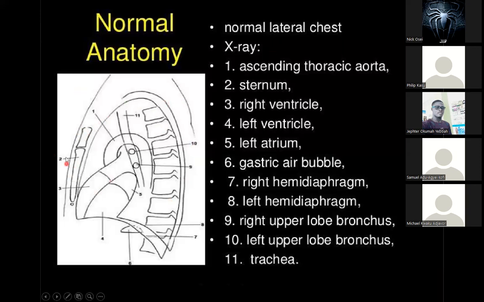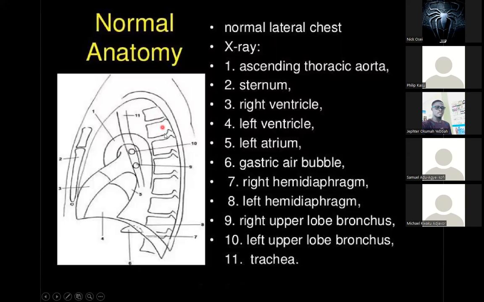So on this lateral X-ray, you can see here, this is the sternum, okay? This is the sternum here. This is the arch of the aorta here. This is the right atrium here, like the right ventricle here. And if it is a ventricle, then it means that this is the atrium. This is the left ventricle, therefore this is the left atrium.